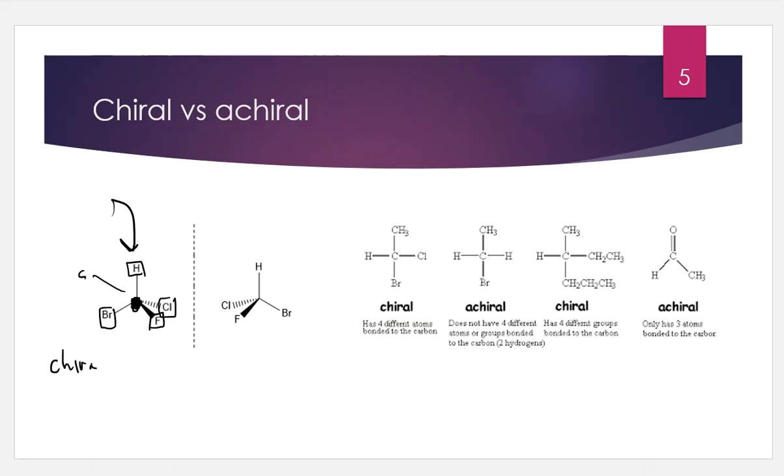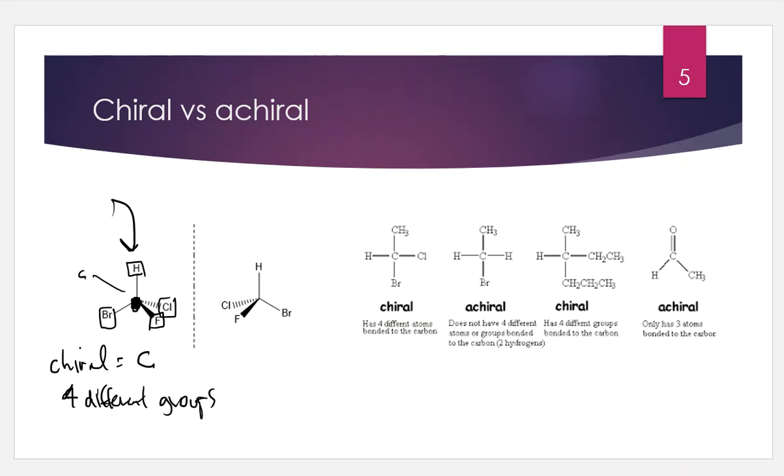So we've got chirality here in this molecule. And we have a chiral carbon. And that carbon is in the center of everything. It's in the middle. It connects all of those pieces together. And the reason that this is chiral is because there are 4 different groups that are attached to it.